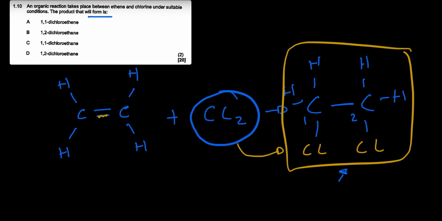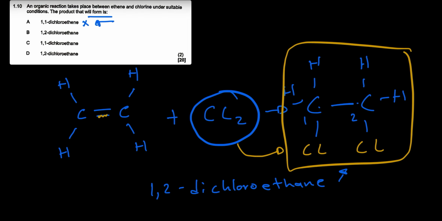So we're going to say we have 1,2-dichloro, and then we have 2 carbons. That means it's going to be dichloroethane, because we have the single bond. So we're going to look at 1,2-dichloroethane. So if you look at the options that we have, the first option, they say 1,1-dichloroethane. So this is going to be incorrect.